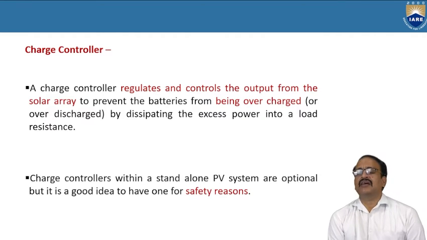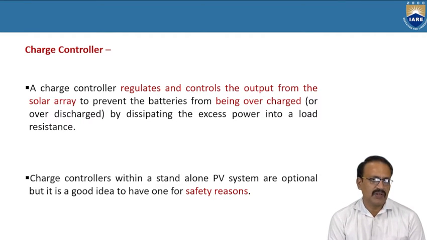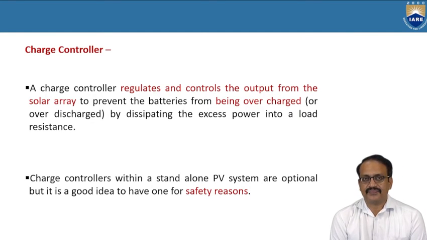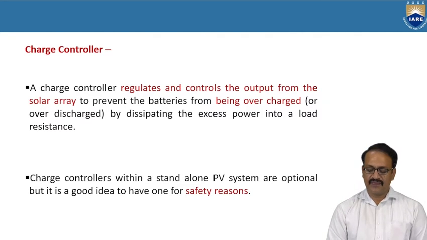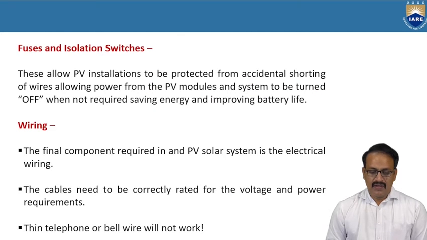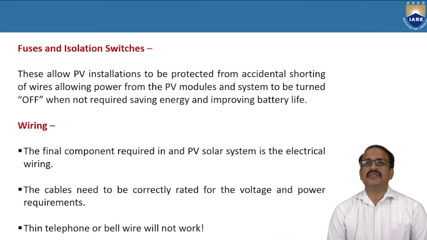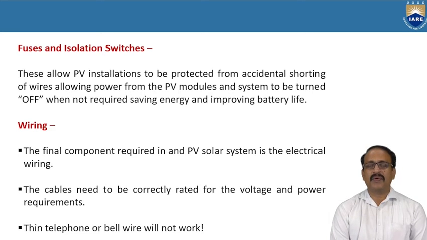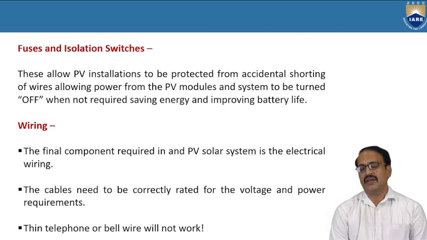Sometimes the charge controller is optional, but it is best to have it for safety reasons. The next things are fuses and isolation switches, which are generally used for proper protection in any system.